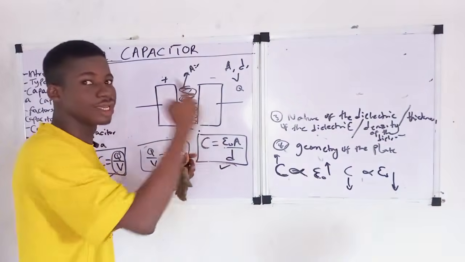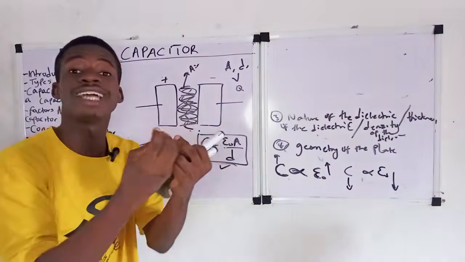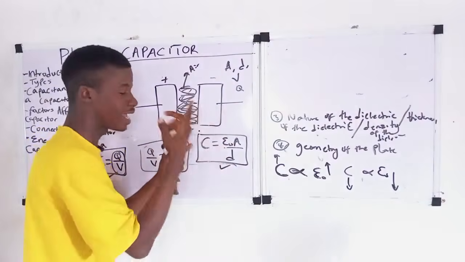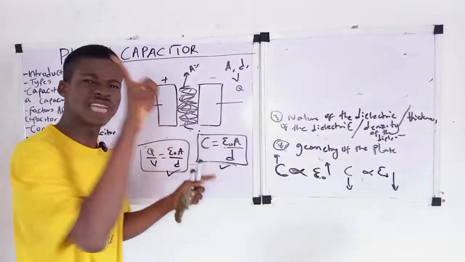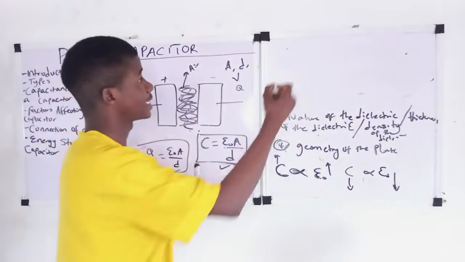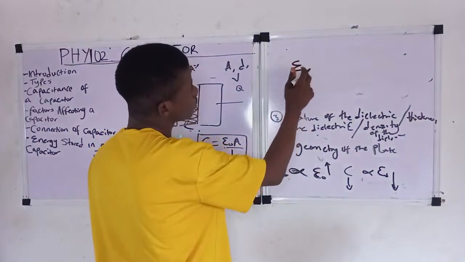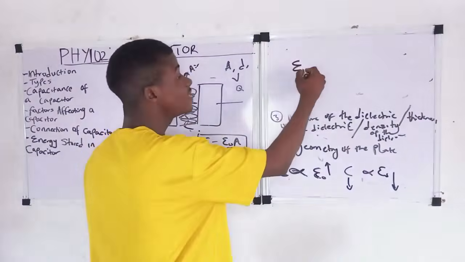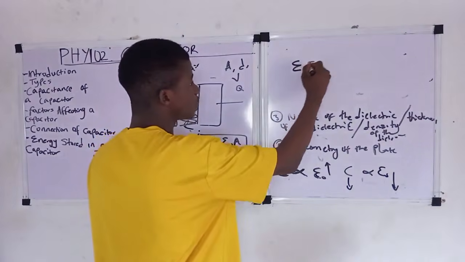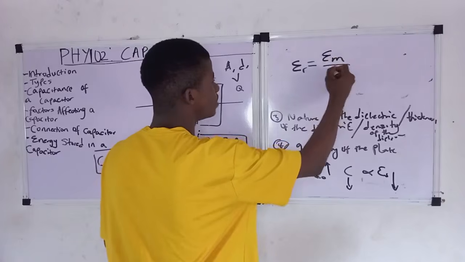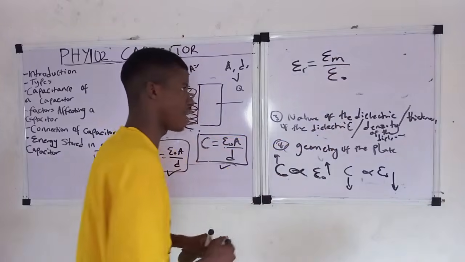Remember in our previous class, I told you that relative permittivity is equal to permittivity of the medium divided by permittivity of free space.